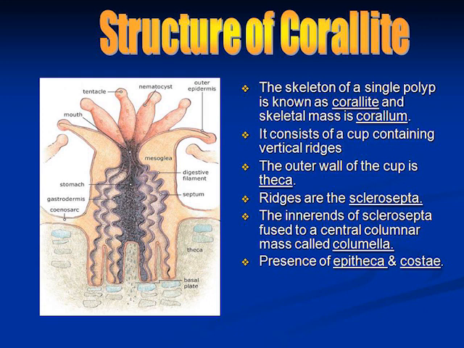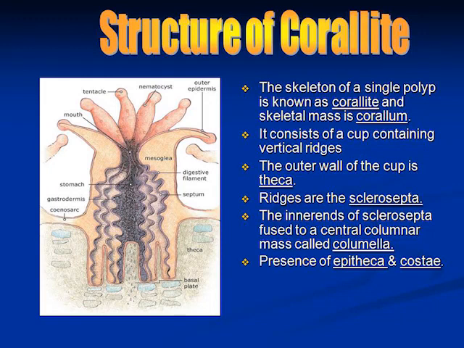The outer lining, the cup-shaped structure, is called the theca. There are some ridges inside, which in cross section are called the sclerosepta.